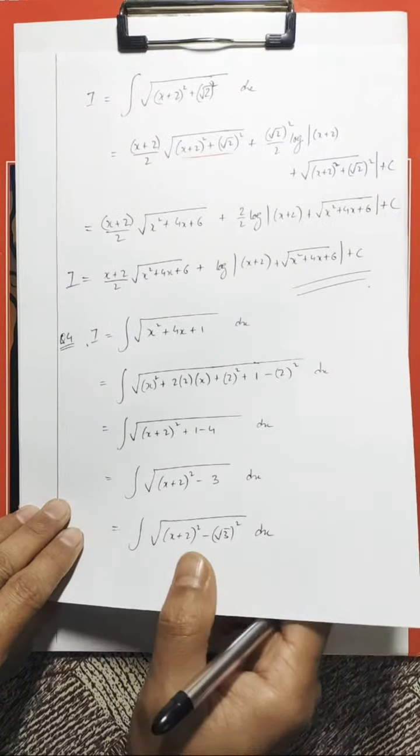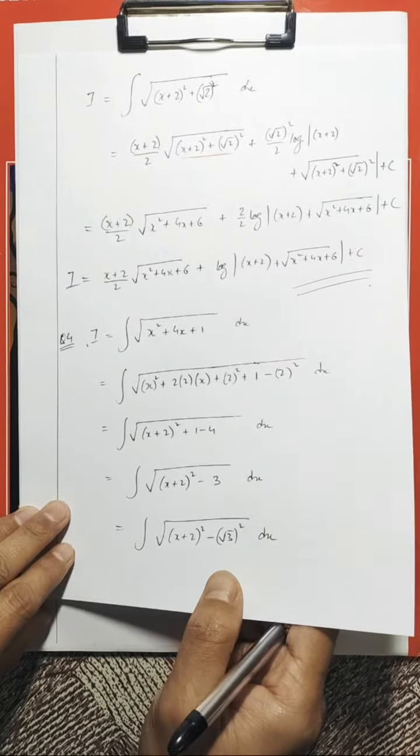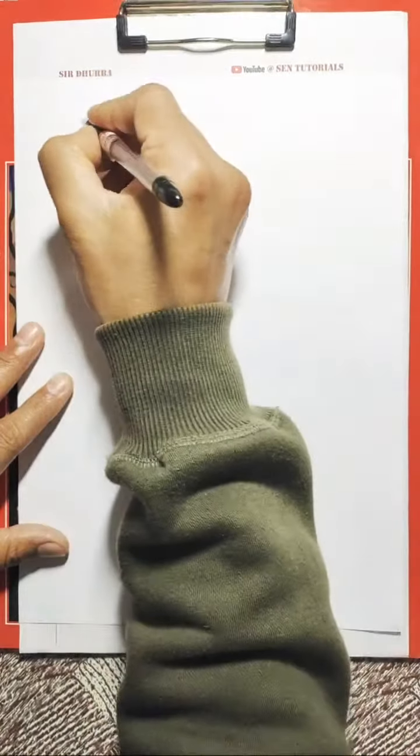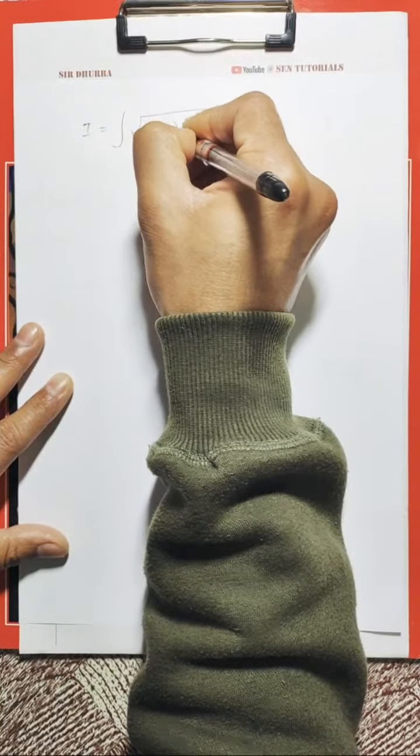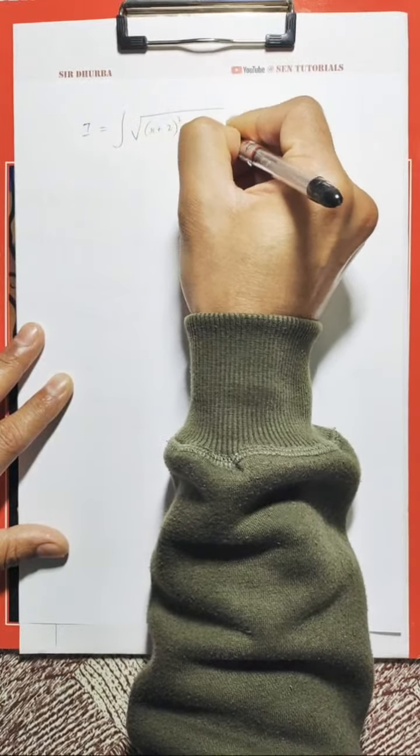Done. So I'll write that once again. Root over of x plus 2 whole square minus root 3 whole square.